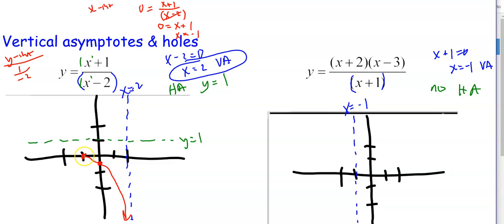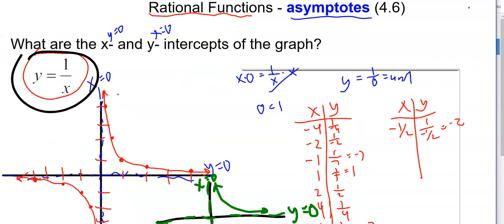Here again, the graph is going to approach this asymptote at y equals 1. So the bottom left-hand portion of this graph is just going to look like that. By the way, if you look back at this graph, there can't be a graph here and here.